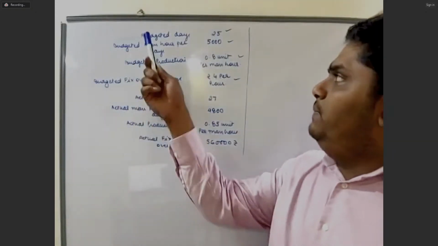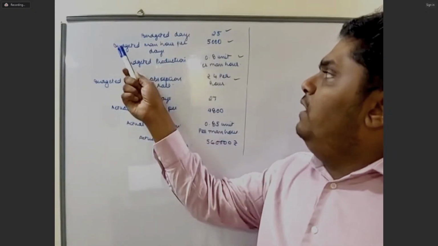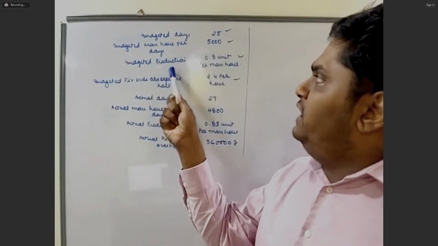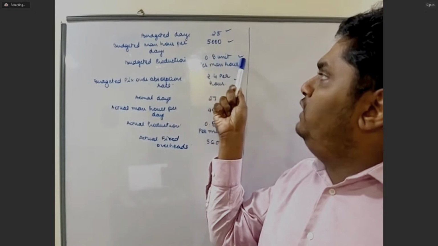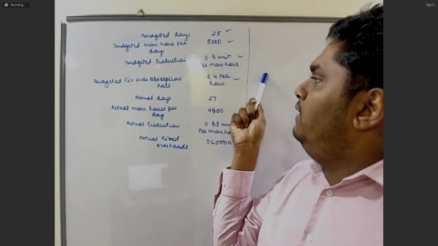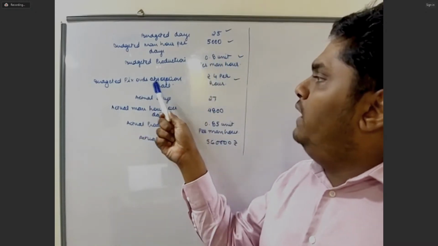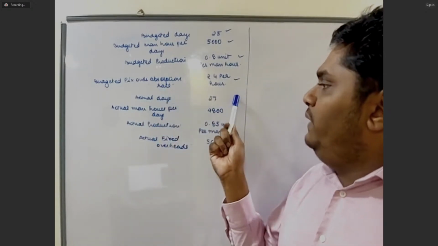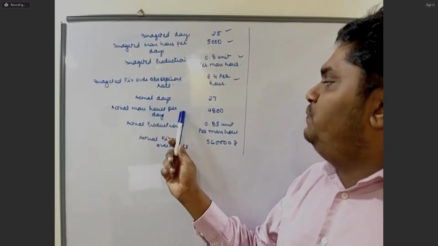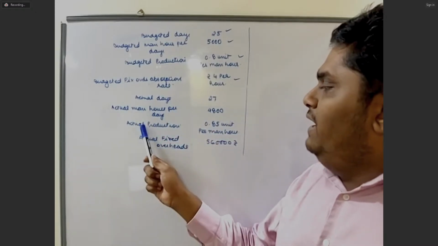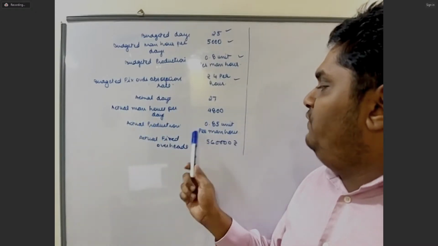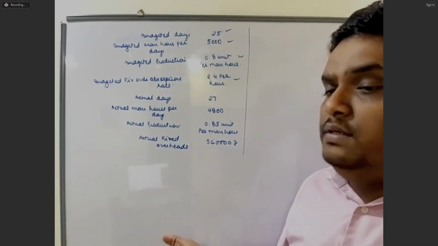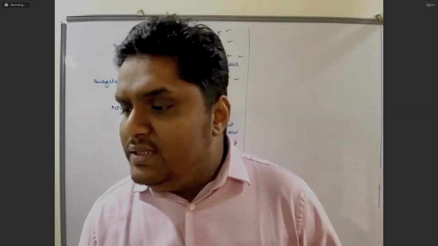I repeat again, budgeted days are 25, budgeted man hours per day is 5,000, budgeted production is 0.8 units per man hour, budgeted fixed overheads absorption rate is ₹4 per hour, actual days are 27, actual man hours per day is 4,800, actual production is 0.85 unit per man hour, actual fixed overheads are 5,60,000. So waiting for your answers, guys.